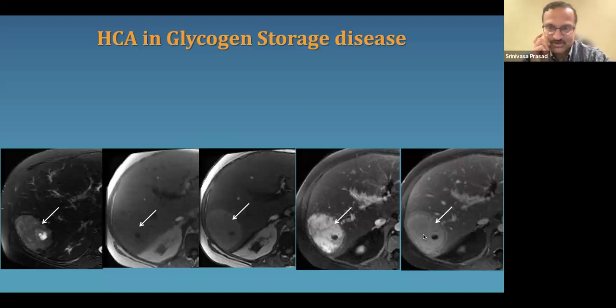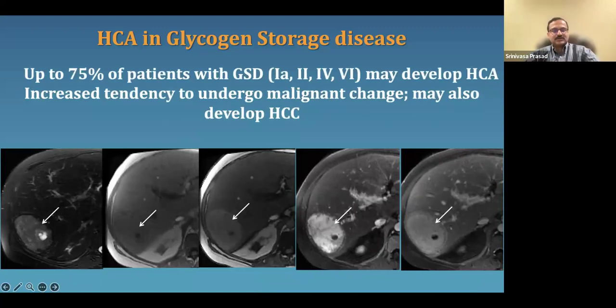And I've seen at least one case where we had to embolize on an emergency basis for control of hemorrhage. So these are some of the types of glycogen storage disorders that show increased tendency for development of hepatocellular adenomas.